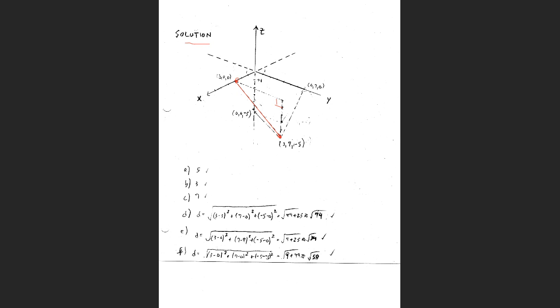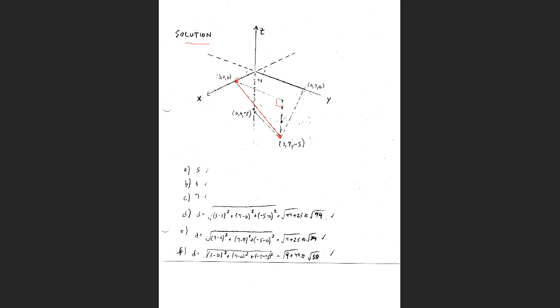Gentlemen, that is correct. Ryan Trask, that's right. So for E, the distance from that coordinate to the y-axis is square root of 34. And for F, the distance from that coordinate 37, negative 5 to the z-axis is square root of 58.